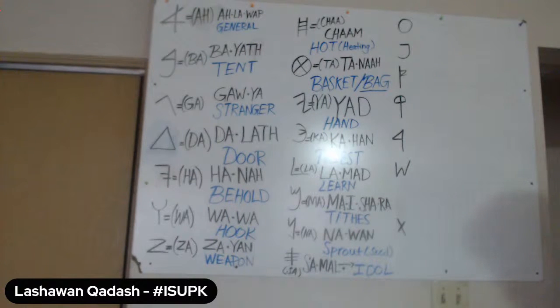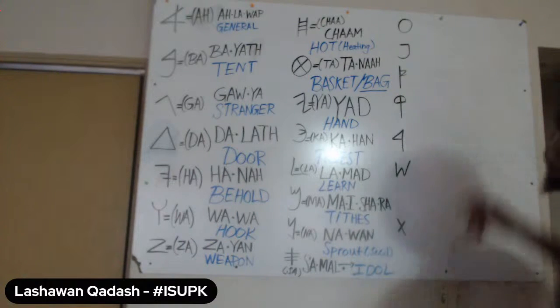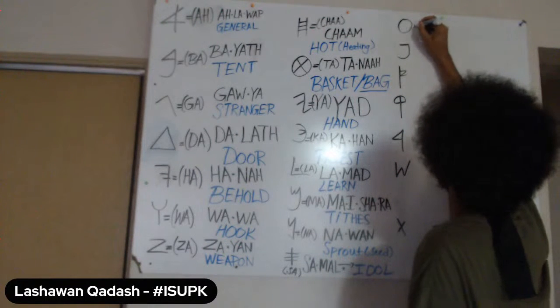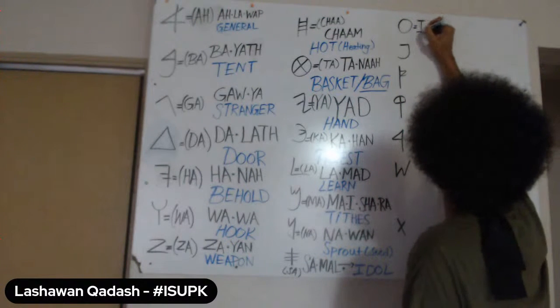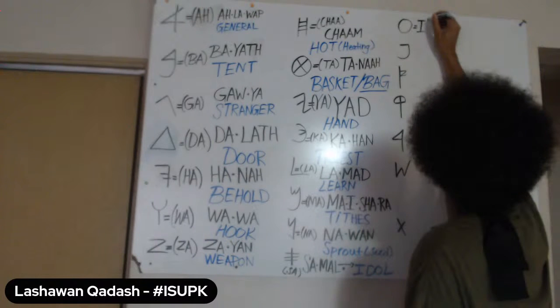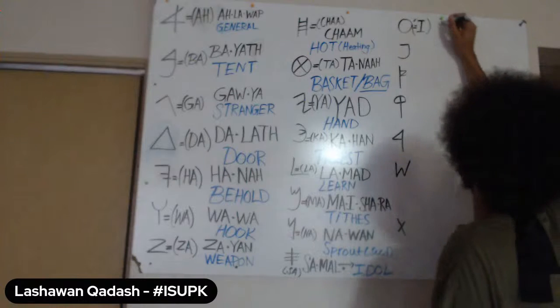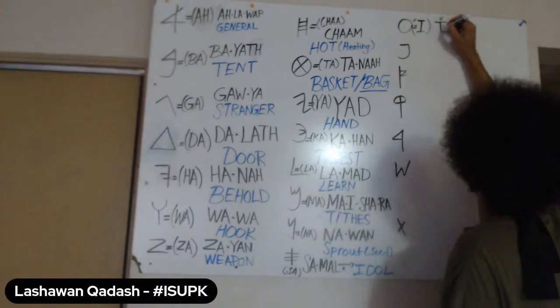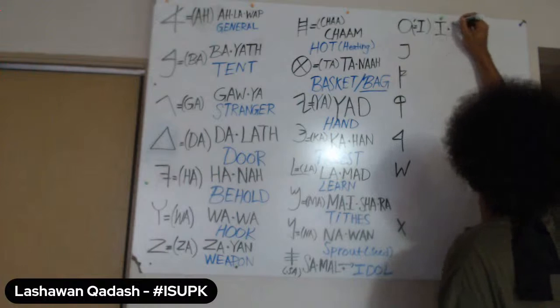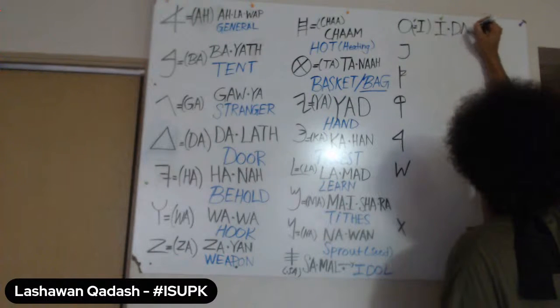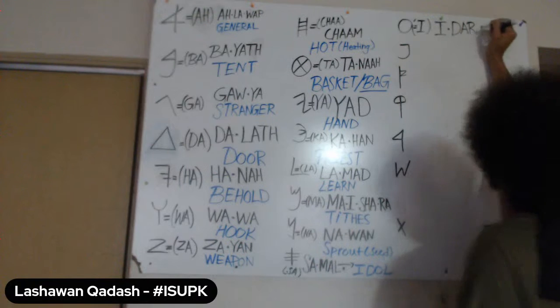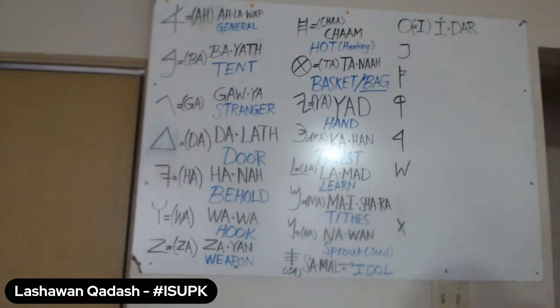Now we have his I at the top. Okay. This right here is I, in parentheses, I, right? The word is idar. Okay, idar.